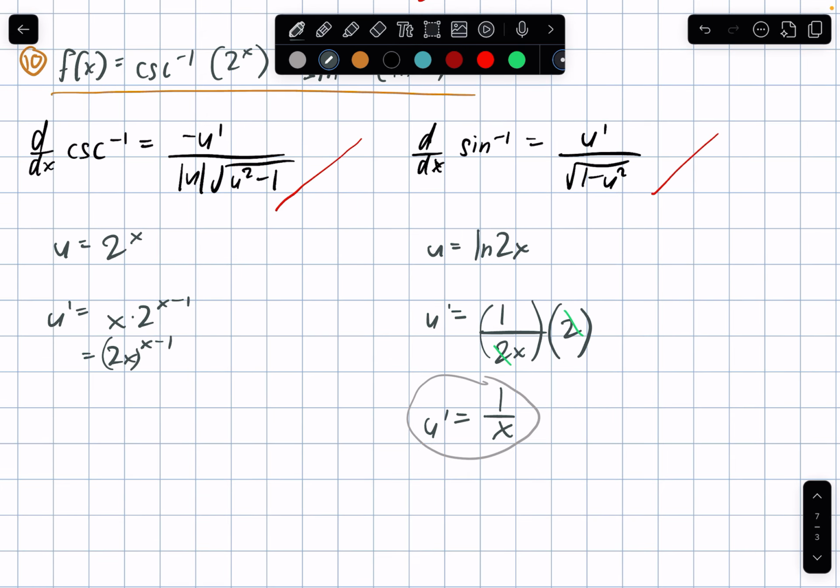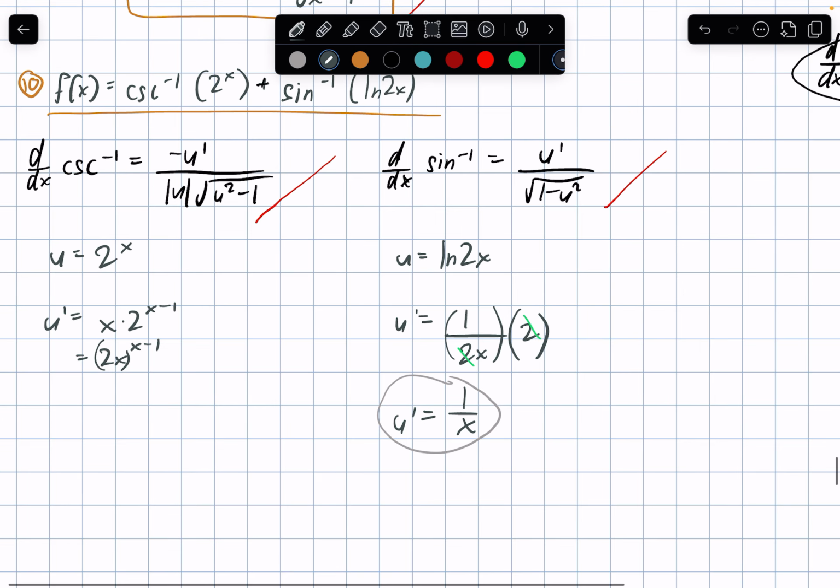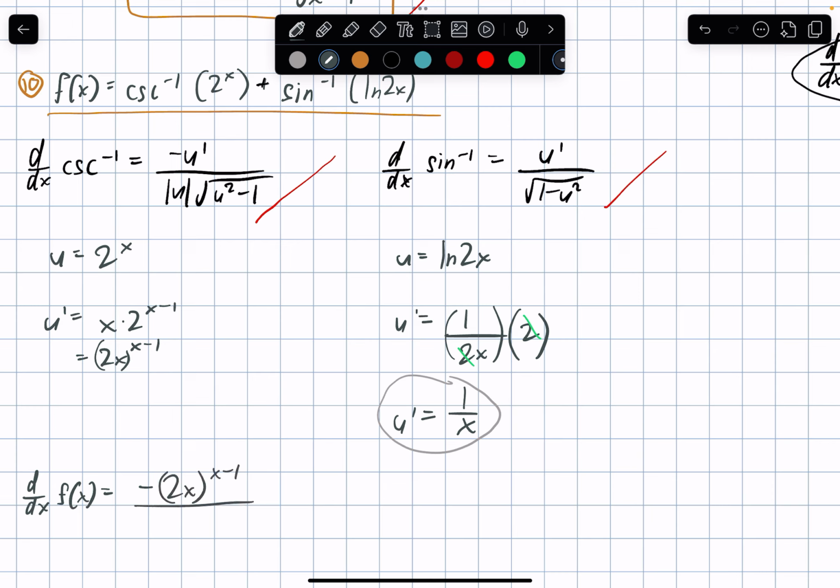Okay. Now let's start. So negative u prime, negative 2x raised to x minus 1 divided by absolute value of u times the square root of, okay, like so, oops.